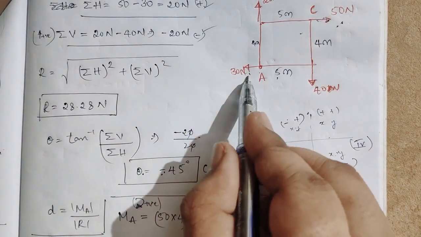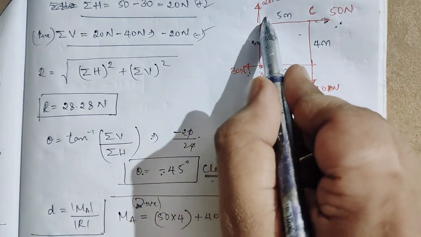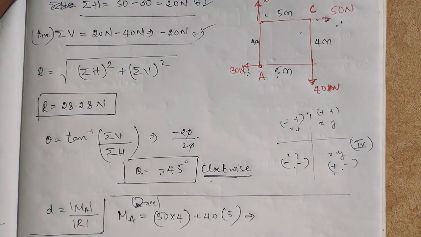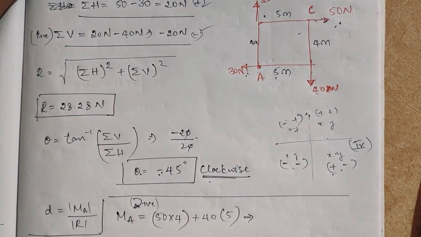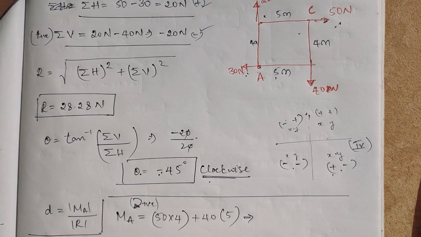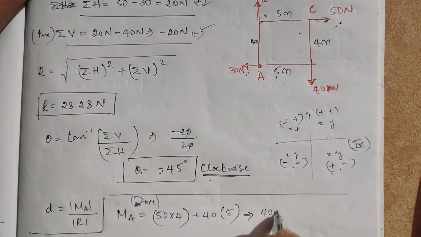Then 30 Newton, it is in line with A, it will not create any moment, and this 20 Newton also will not create any moment about A. So moment about A will be 50 into 4 plus 40 into 5. It will be 400 Newton meter.